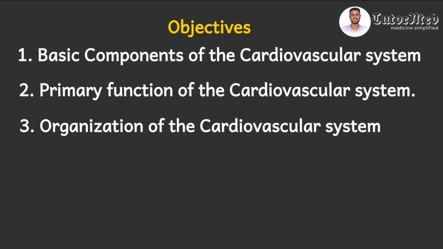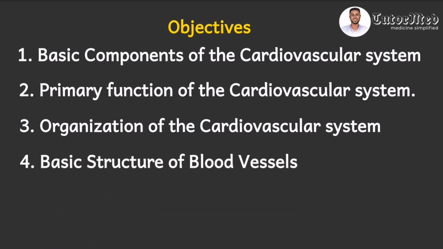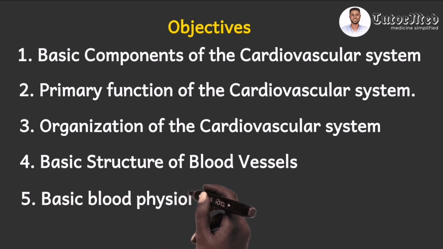We will look at the basic structure of the heart, and see how blood circulates around the body and the various circulations. Then we will understand the basic structure of the various types of blood vessels, the artery, for example, the veins, and then the capillaries. Our last objective will be to understand basic blood physiology. Here we will briefly look at the various components of blood and their functions.